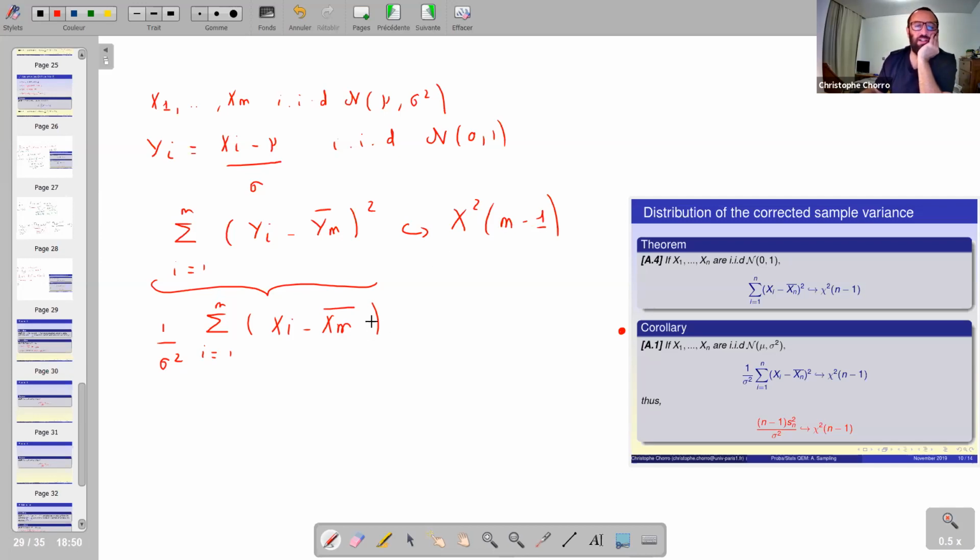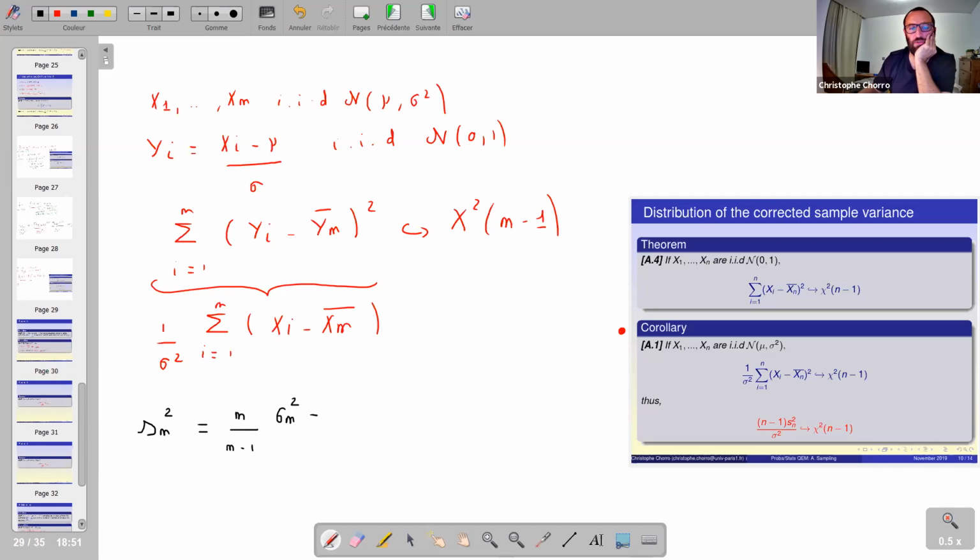What is interesting with this quantity is that it is related to the corrected sample variance. Keep in mind that I have defined Sn squared as n over n minus 1 times the sample variance.